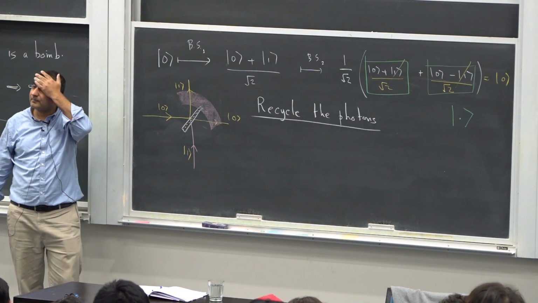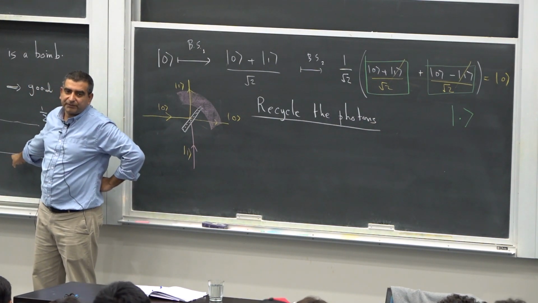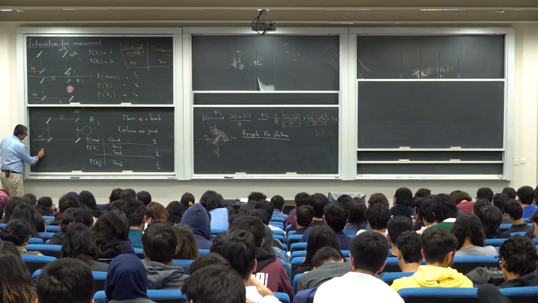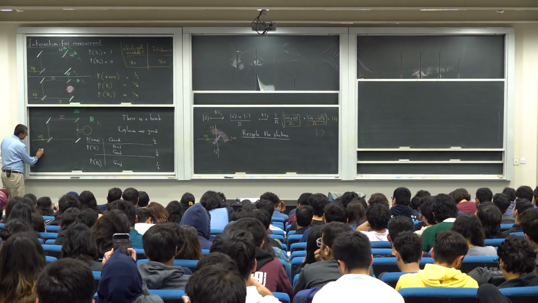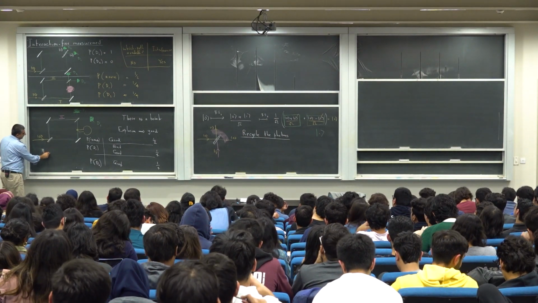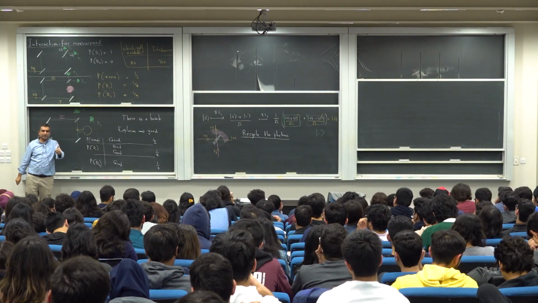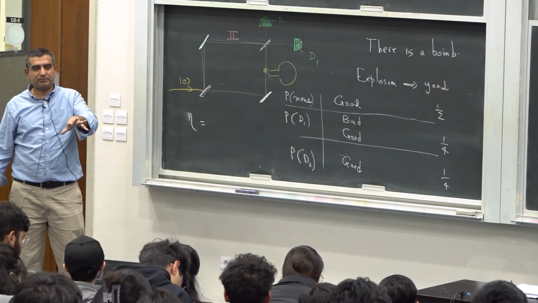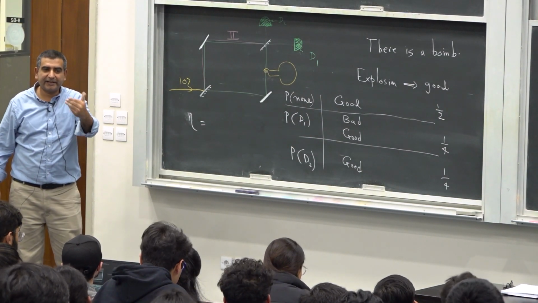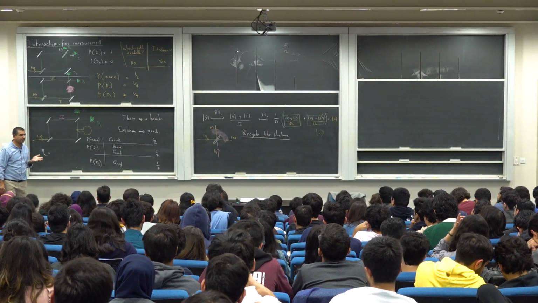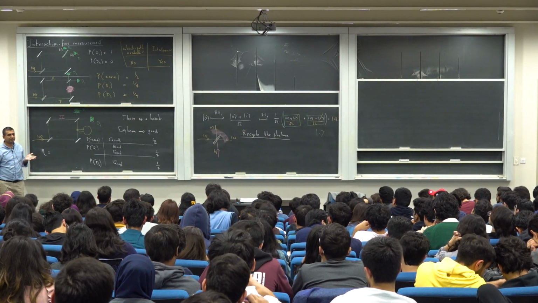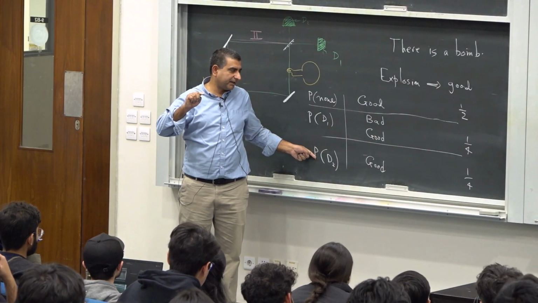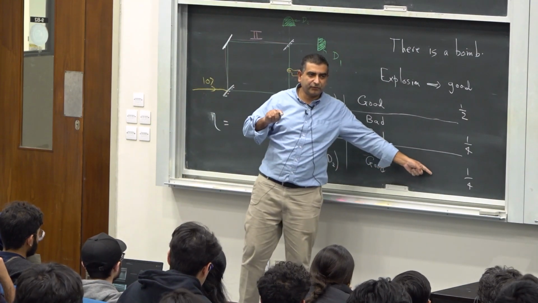By the way, in this thought experiment, if I were to define a success probability, let's call it eta, the probability that we detect a good bomb in an interaction-free measurement, it is 1/4.